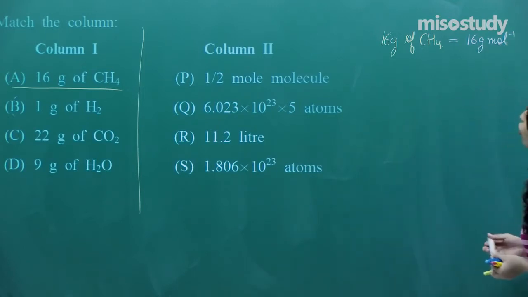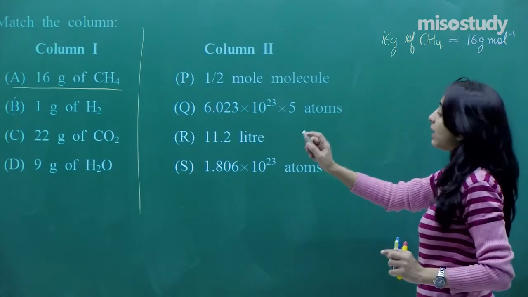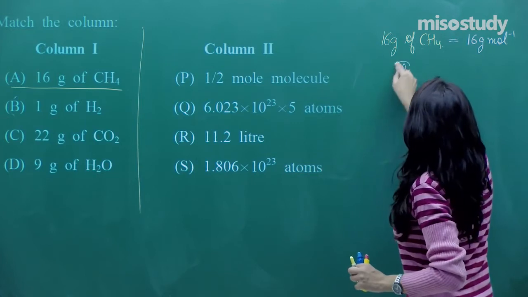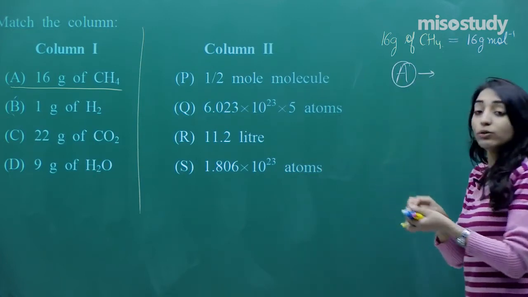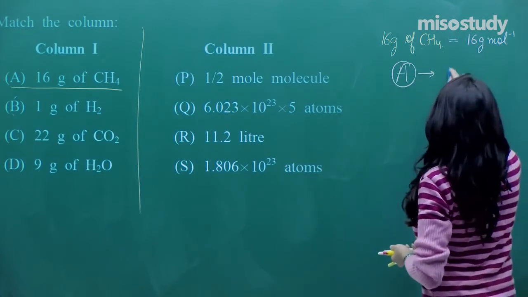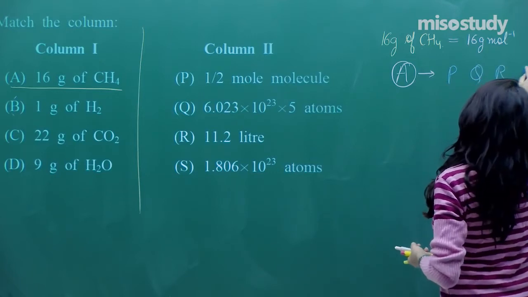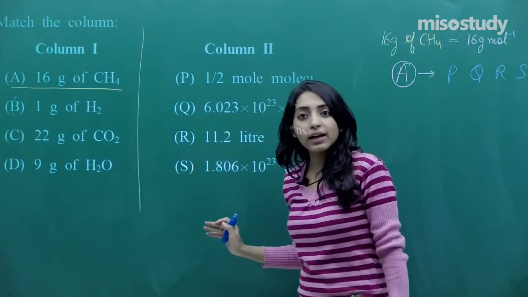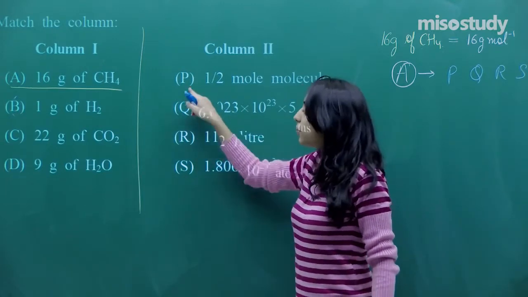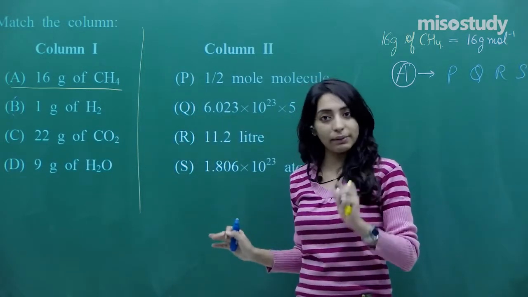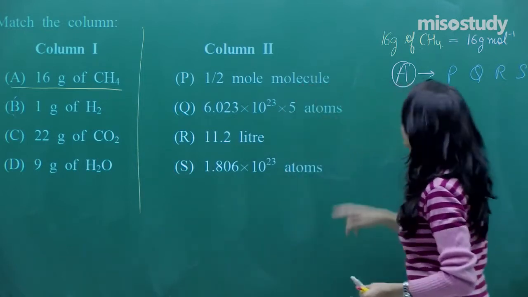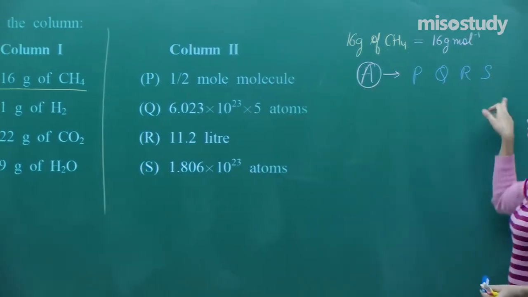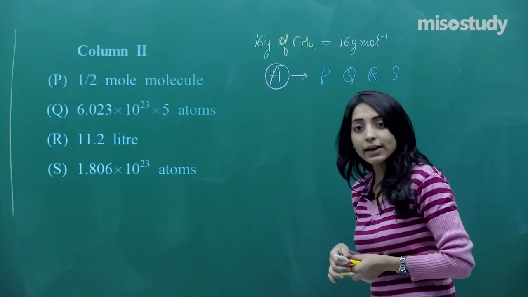So if you are talking about 16 grams of methane, for option number A, it's your duty to first of all write down PQRS. That means for A, all the PQRS can be answered. Maybe P and Q are answer, maybe P R, or maybe only R can be the answer, right? So you need to find out whether A will be okay with PQRS or what, right?